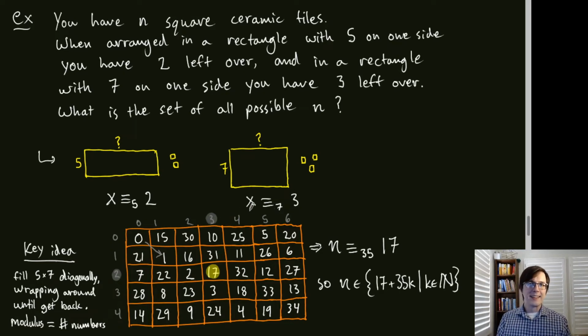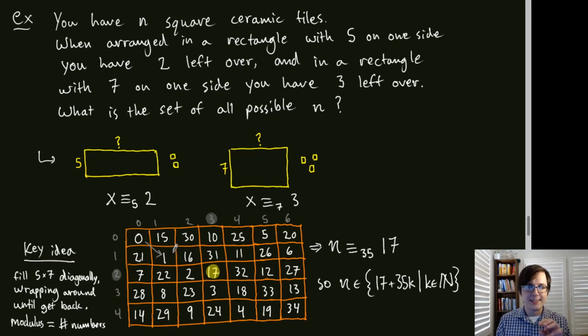The key idea that's going to underlie the main theorem for all of this is this. I've made this rectangle, which is 5 by 7. In it, I'm taking each integer one at a time, calculating its remainder mod 5 and mod 7, and then putting it in that tile.